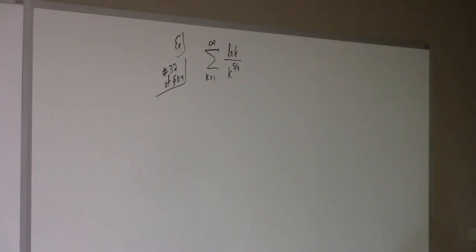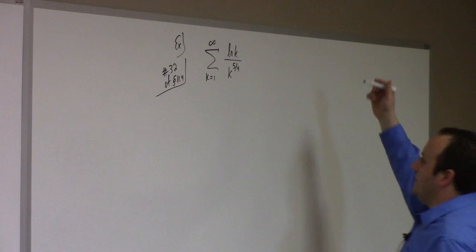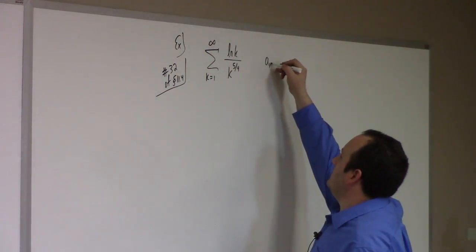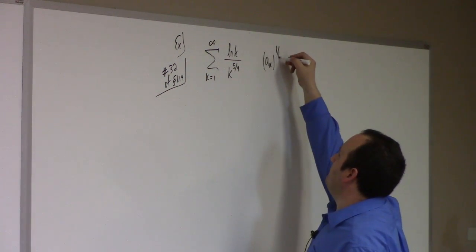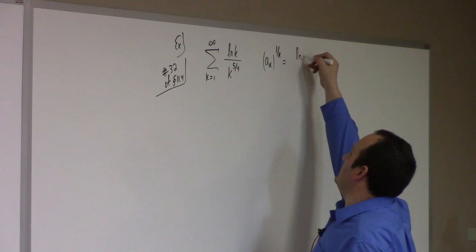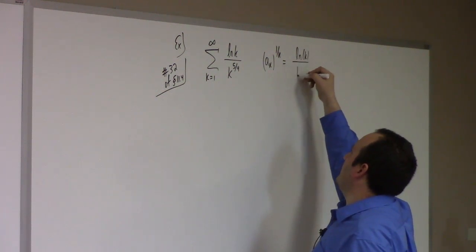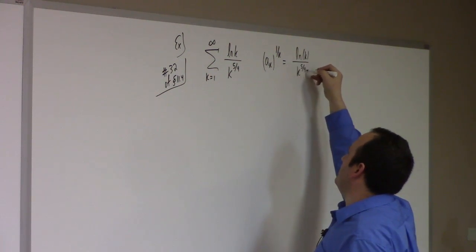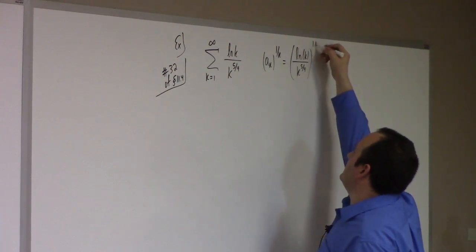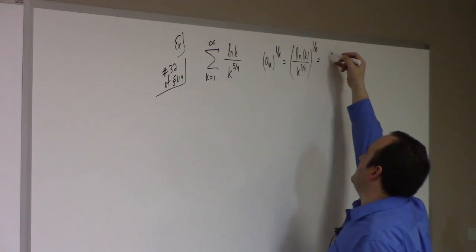Okay, I'm going to try the root test, right? What do you got? You have a sub k to the 1 over k is what? Natural log of k divided by k to the 5/4, to the 1 over k, which is what?